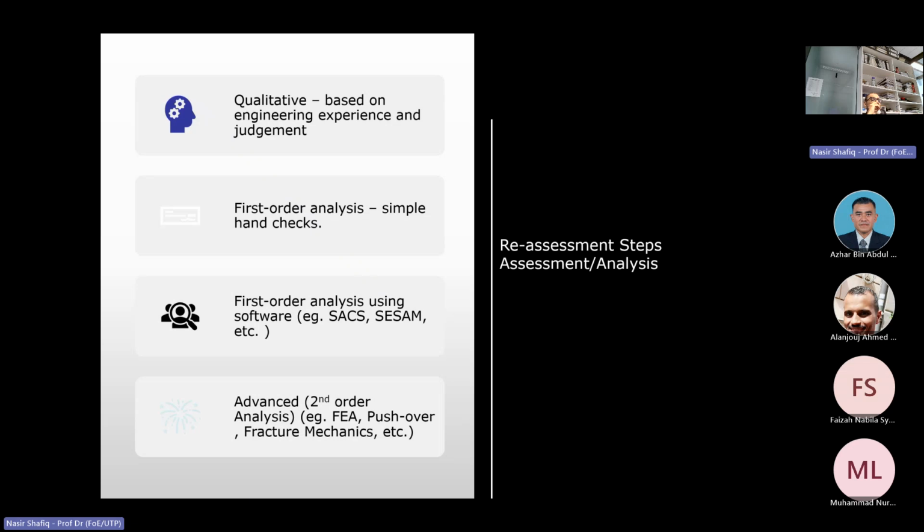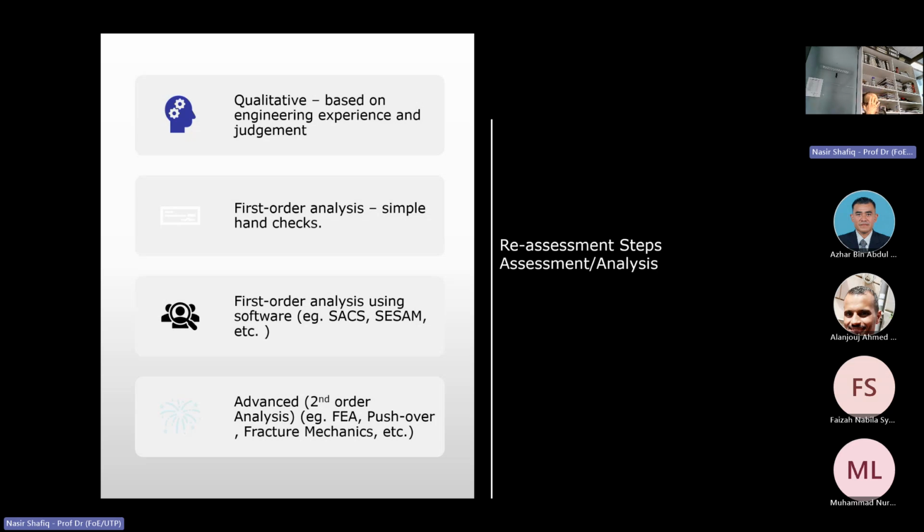So the steps: qualitative, based on engineering experience and judgment. So qualitative assessment, like condition monitoring, right? The most senior and experienced staff can make a hypothesis about the condition of the asset, right? And then first order analysis, simple hand checks.